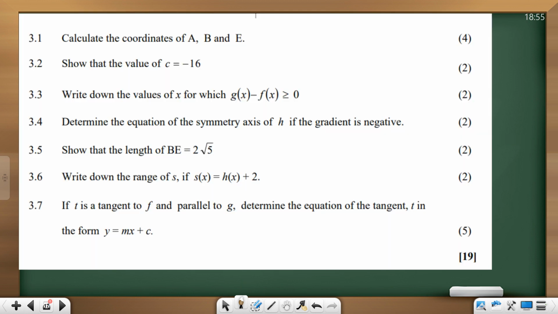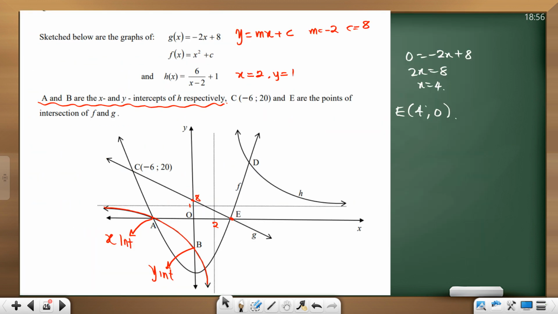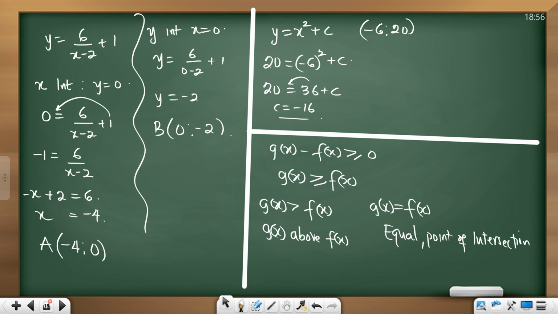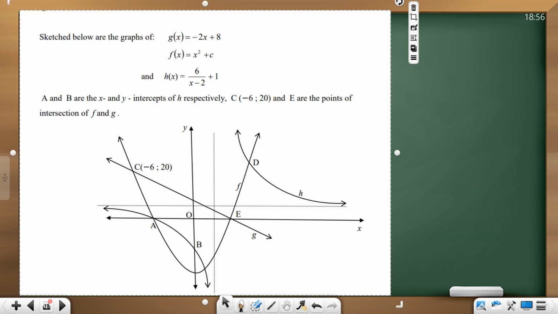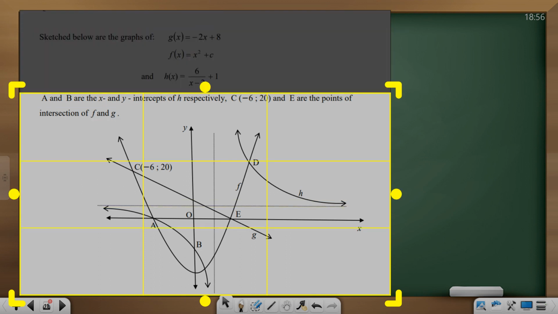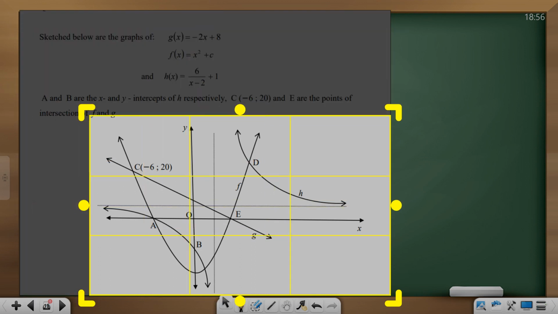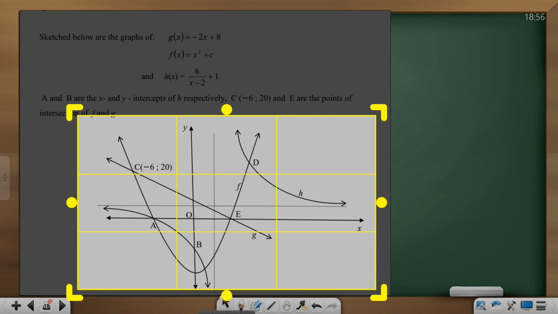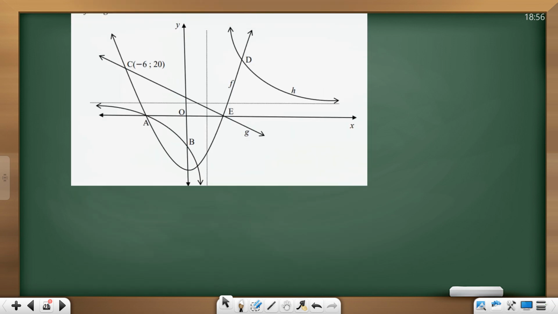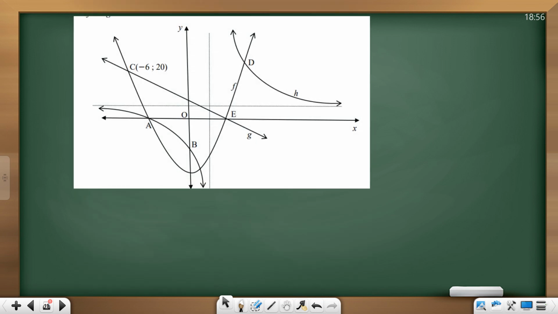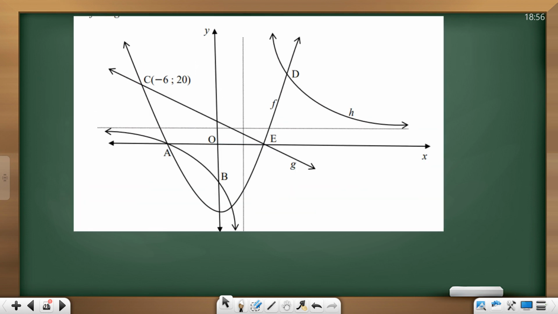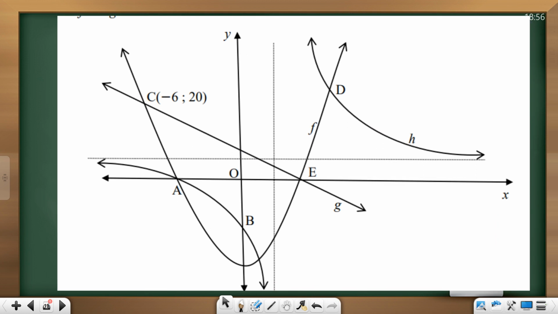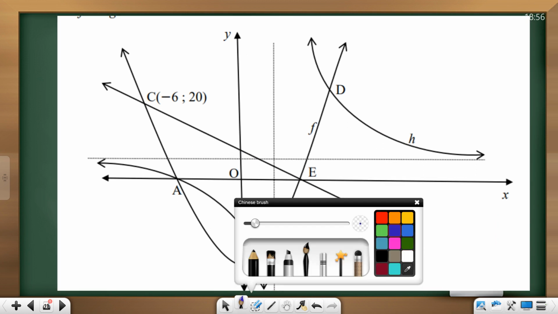I'm going to get this graph out for us. Let's take this graph to a new page. F of x. All right, and not just that, I am going to actually cut this out. I want something very, very big. There we go. What are we looking for? F of x is greater than or equal to what? G of x. In an exam, you could use color pens to make it easy for you. All right? Let's see.